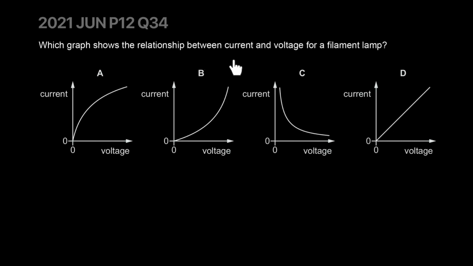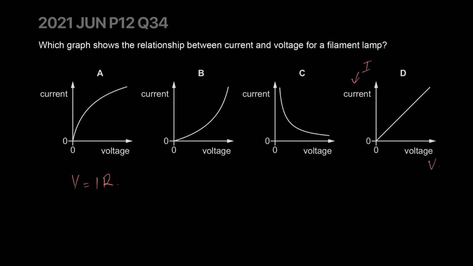Which graph shows the relationship between current and voltage for a filament lamp? The equation that brings it all together is V equals I times R. Current is on the y-axis, and voltage is on the x-axis.